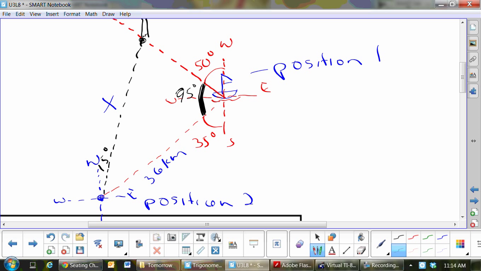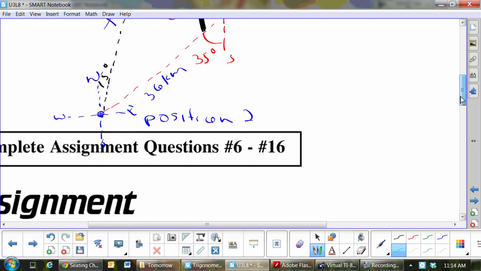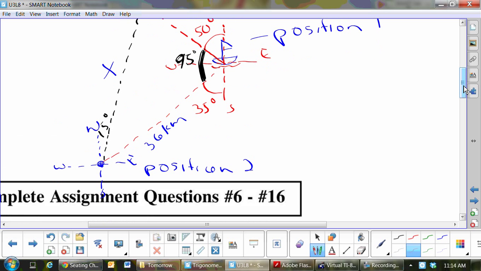You're good at that parallel line theorem. Okay, so what do I know then? I just want everybody to see this for a sec. Just relax. Everybody calm down. You see how these are supposed to be parallel lines.